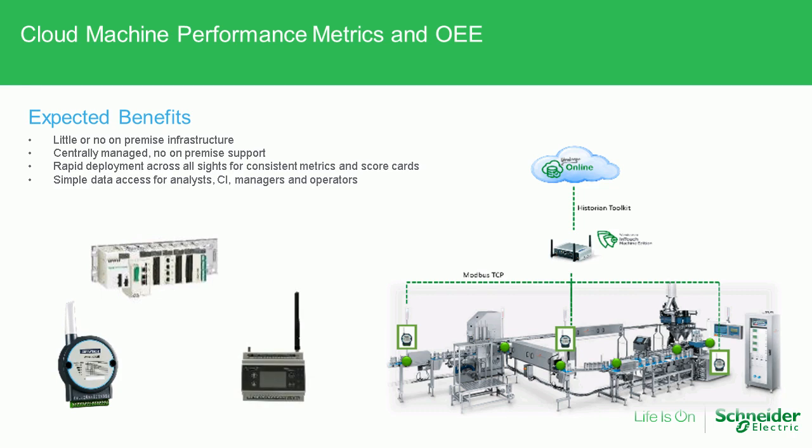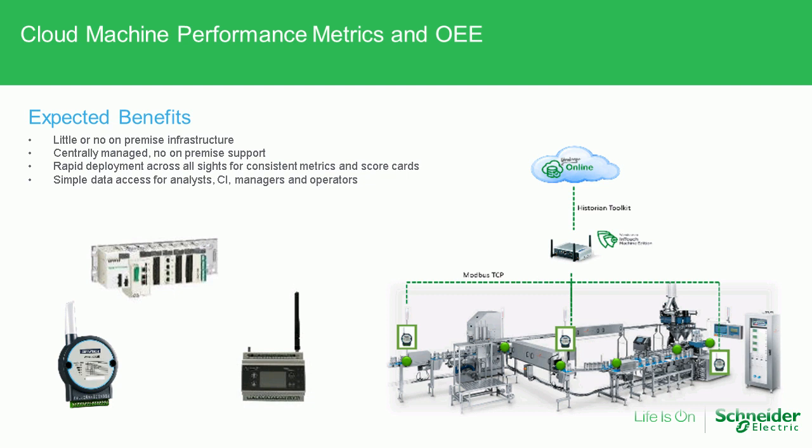Cloud machine performance metrics, OEE. This is actually now an offer that we're just releasing, which is basically taking the idea of secondary sensing, capturing data directly on the machines. So these may be existing brownfield machines that weren't heavily instrumented.